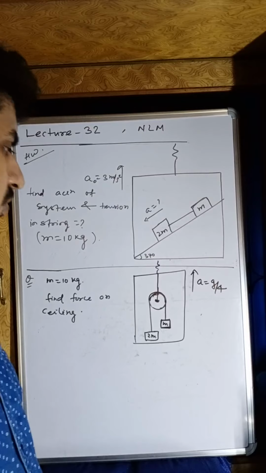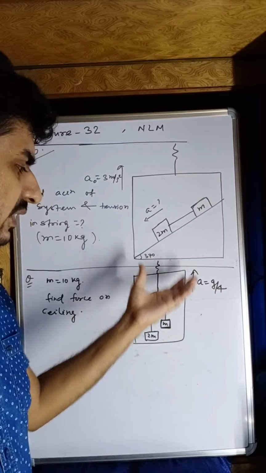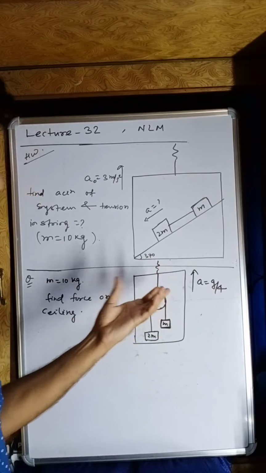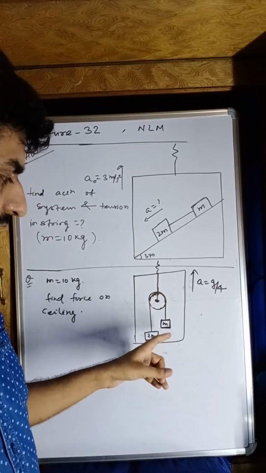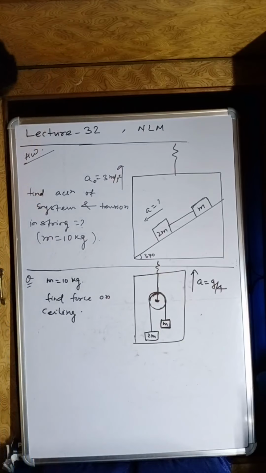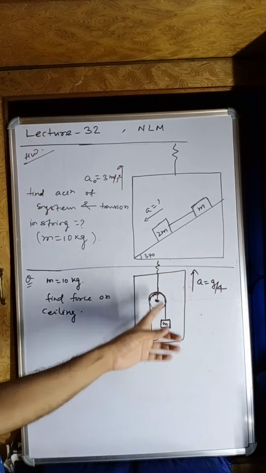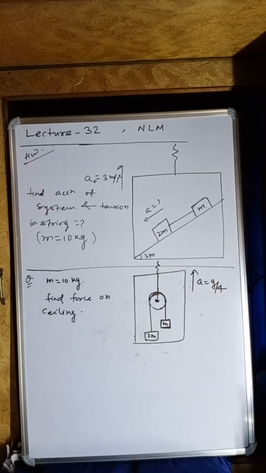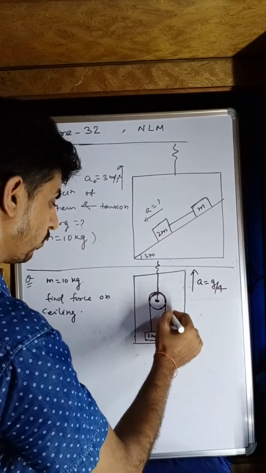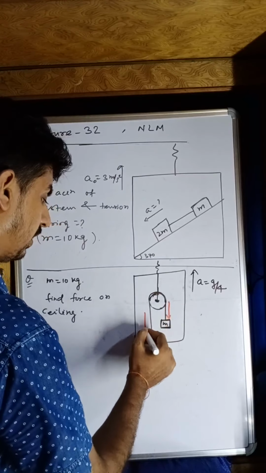Again, you can see, my dear students, this entire lift, that is the system, is working as non-inertial frame for any observer which is standing inside the lift. Am I right? Yes, inside the lift, if any observer is standing, then this is non-inertial frame. So if this entire system moves up, there will be pseudo force on both the blocks in downward direction.